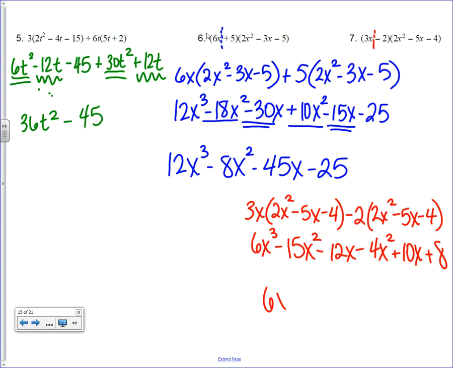Okay, now the 6x to the third drops down. Guys, I'm not quite done with this yet. I know you're all excited. That actually makes me excited that you're excited that you got it right. But still, what do you get here? And then your x's. All right.